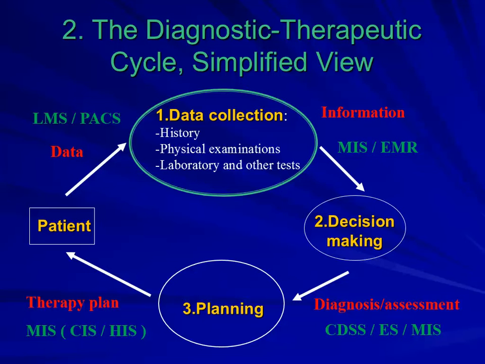As a result, at the top center we have a large ellipse which represents digitized data collection, like patient history, examination, medical images, everything we could collect from the patient, digitize and keep in digital medical records, electronic medical records. So all these things represent patient data.